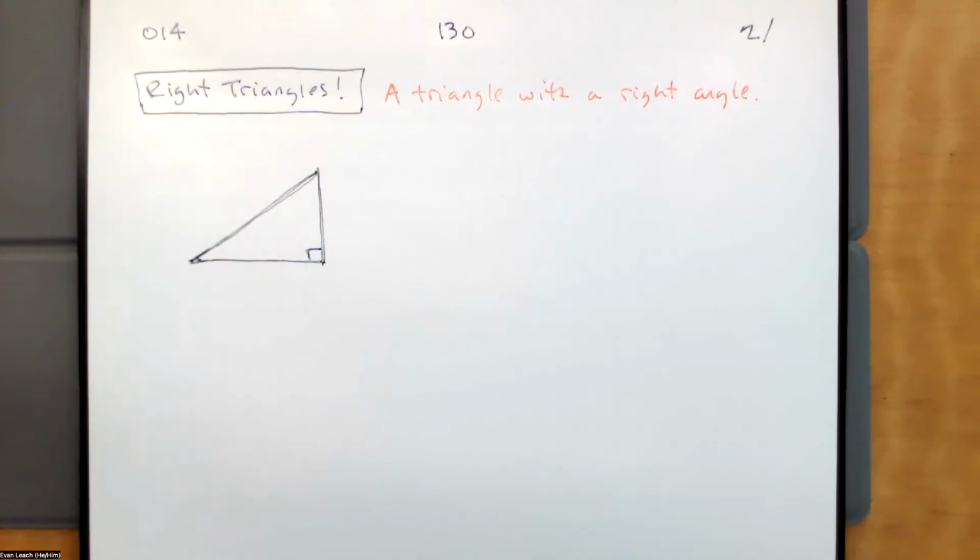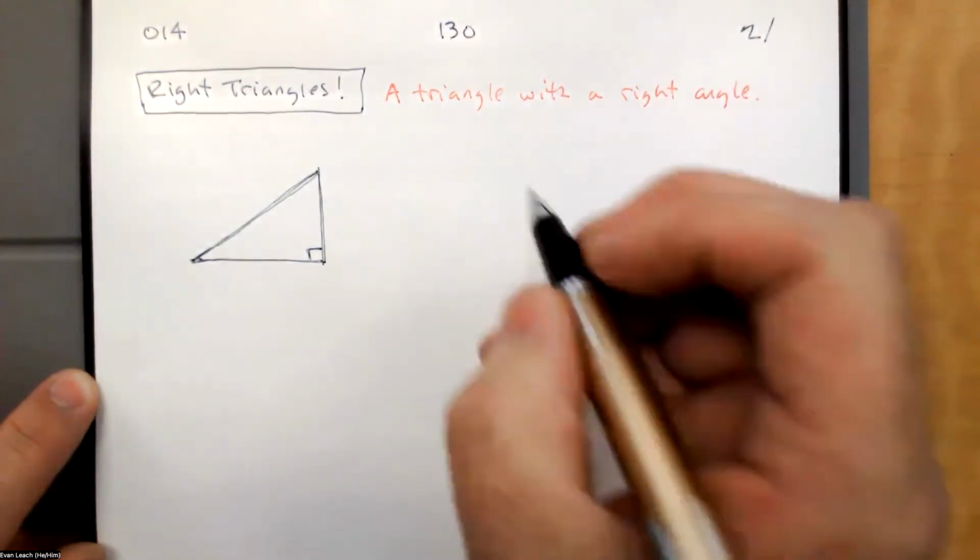All we want to do today is to note that there are two things that we know about right triangles. One of them is something that we know about all triangles. The sum of the angles in any triangle is 180 degrees.